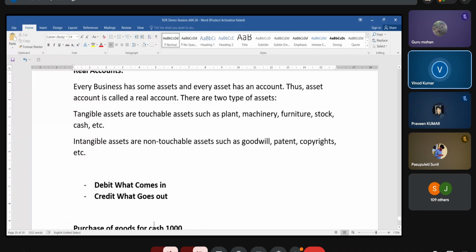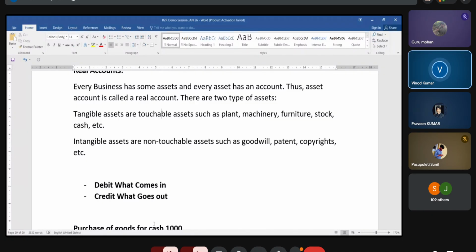Intangible assets are the assets that cannot be seen. Example, there is an office located in the center of the town and that office has a good reputation. Like branded clothes, why are we paying more for branded clothes? Because of the brand we pay more money: goodwill, the value of the reputation of a company.